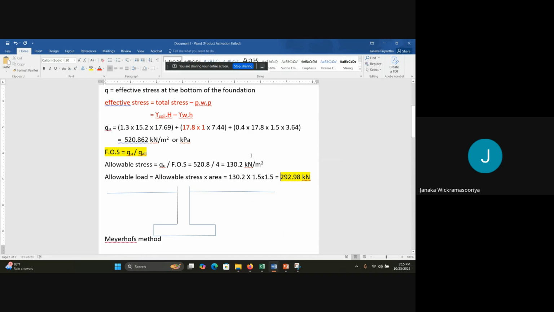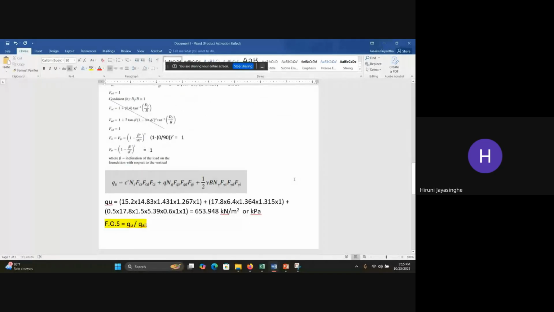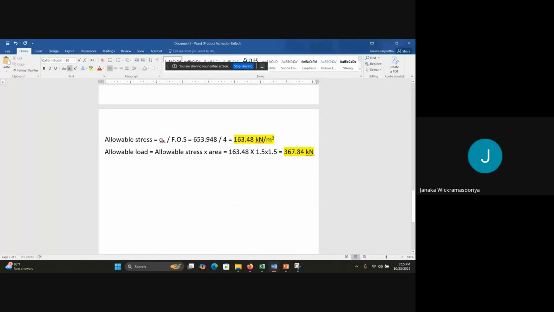Now, from the one method we get 292 and from this one 367.